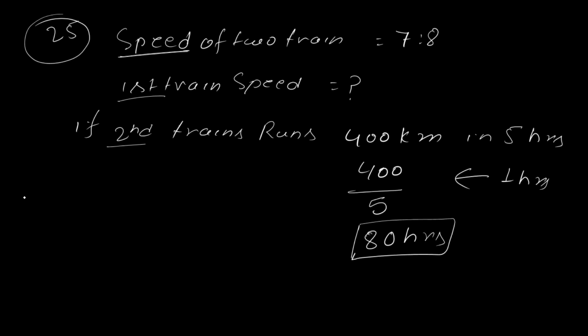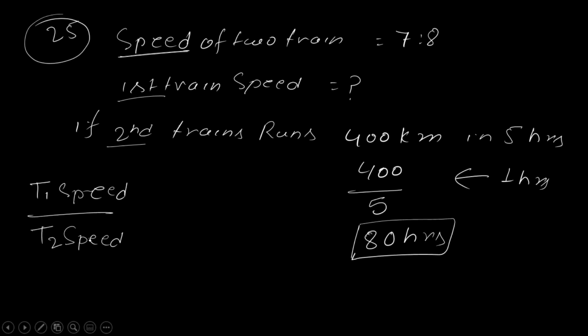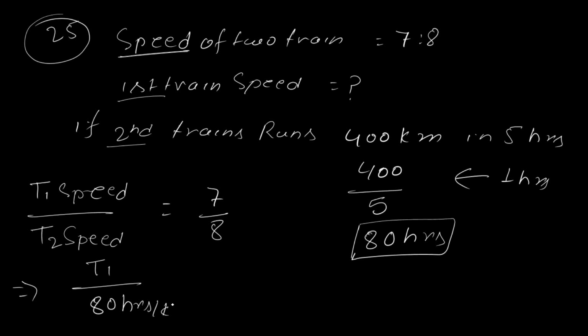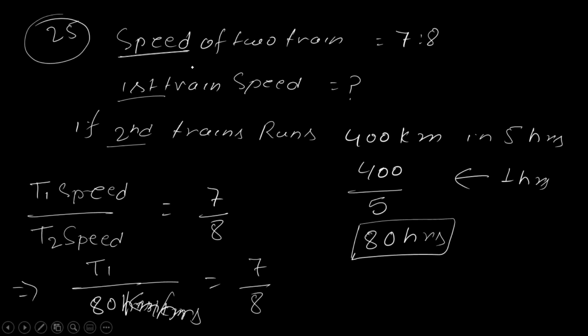Train 1 speed divided by train 2 speed is equal to 7:8, which is given. Now tell me, T1 divided by 80 kilometers per hour equals 7/8.